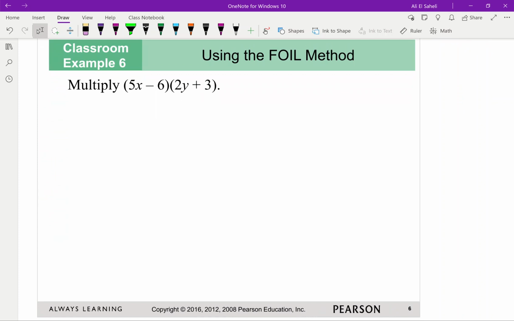Multiply these two binomials. Okay. This times this, this times this, then this times this, this times this.